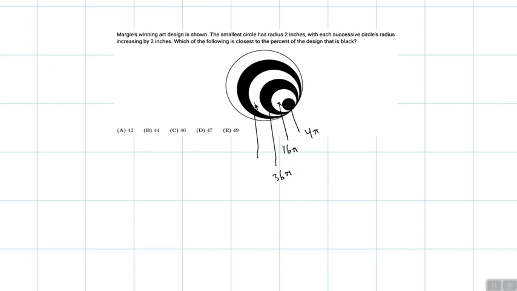And this next circle, 8, 64 pi. This one, 10, 100 pi. This one, 12, 144 pi. Okay. Which of the following is closest to the percent of the design that is black?